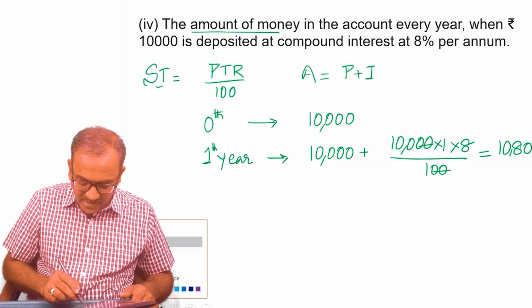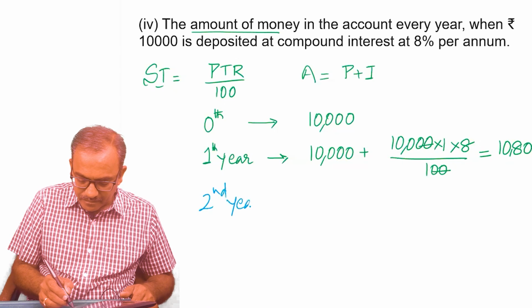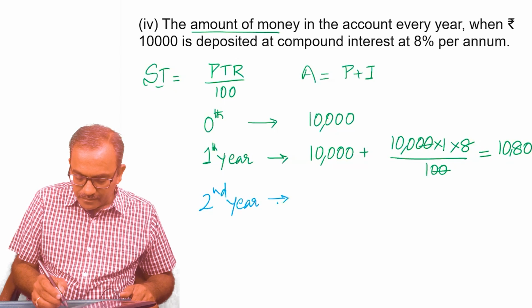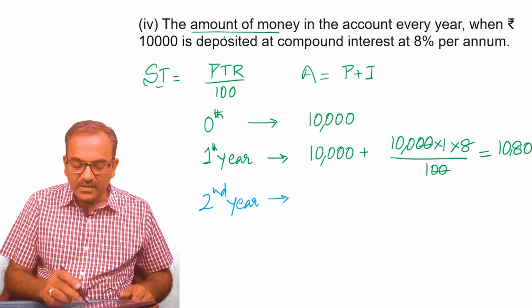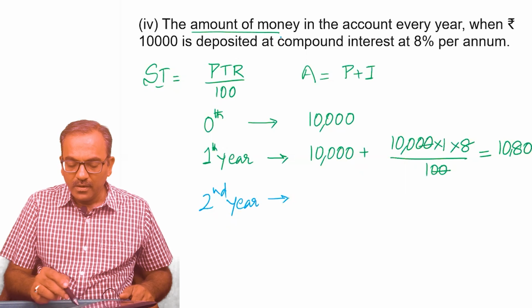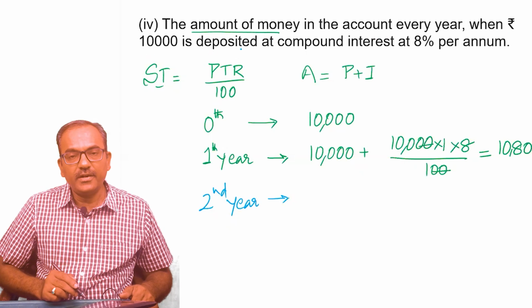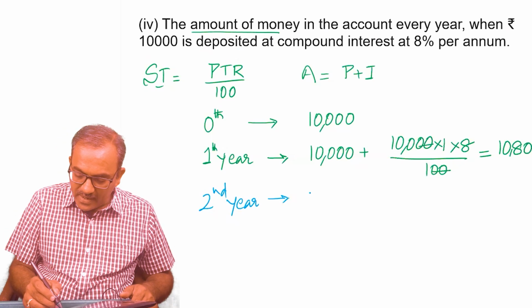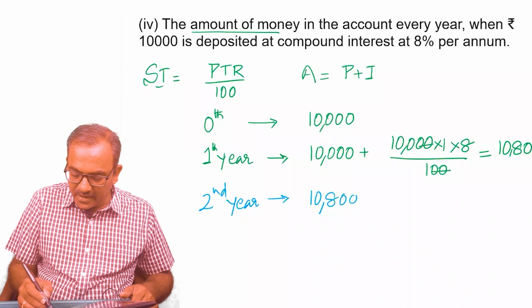Now at the end of the second year, what would I be having? So I have 10,800.